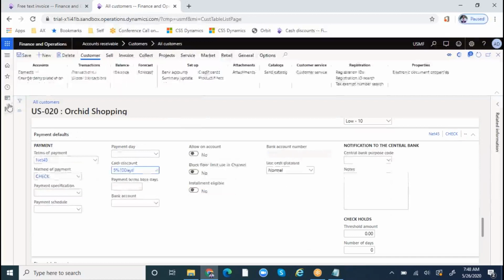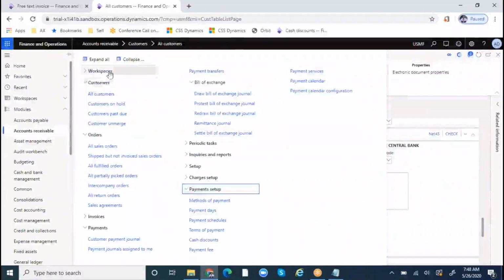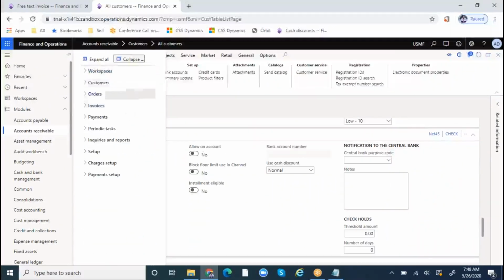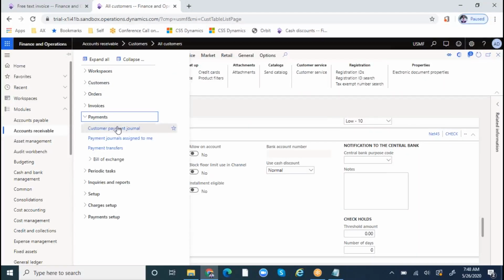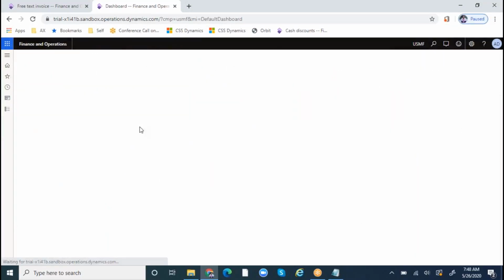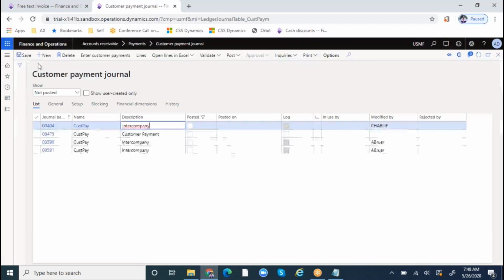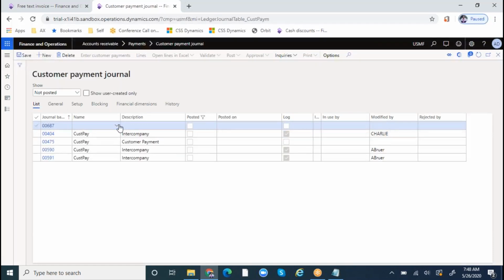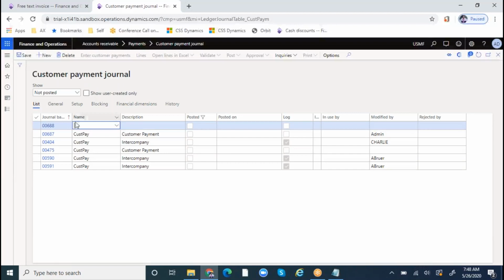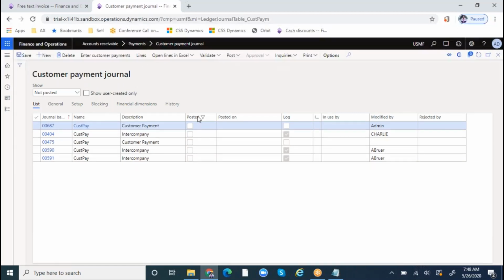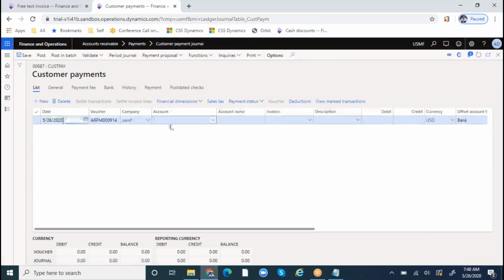Now I'm doing the customer payment. Collapse all, payments, customer payment journal. Click on new, select the customer payment. Click on lines. Select the customer US 020.